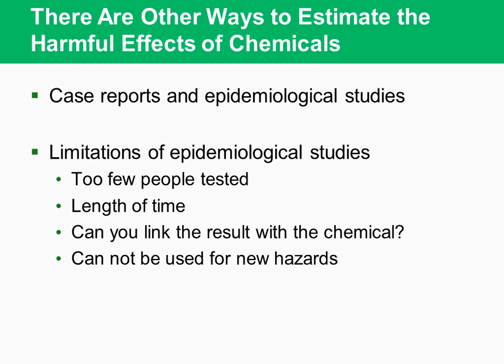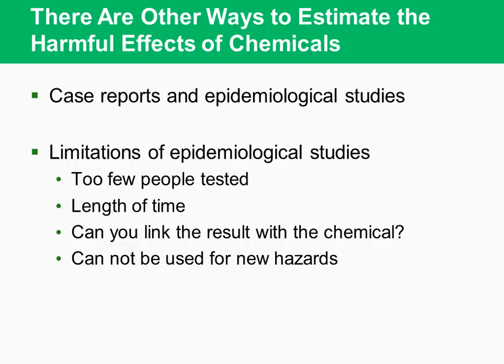Again, there's other ways that we can use, because we don't always want to use people, we don't always want to use animals. We use case reports to figure out what causes illnesses and what drugs are interacting with others, and epidemiological studies, so studying diseases. There are limitations though. There's too few people tested. It takes a long time to get all your results.